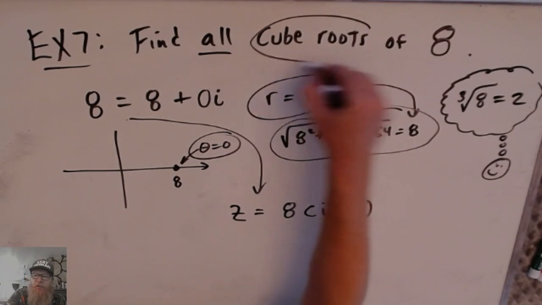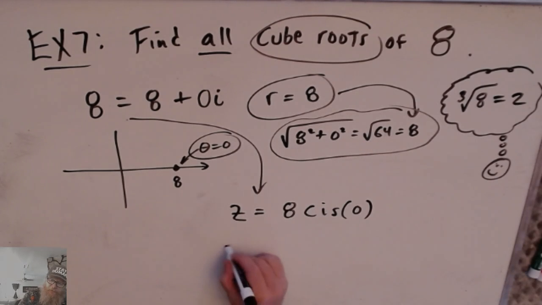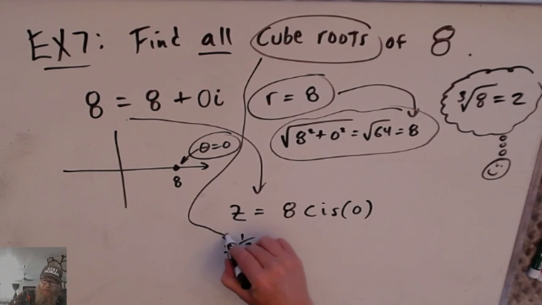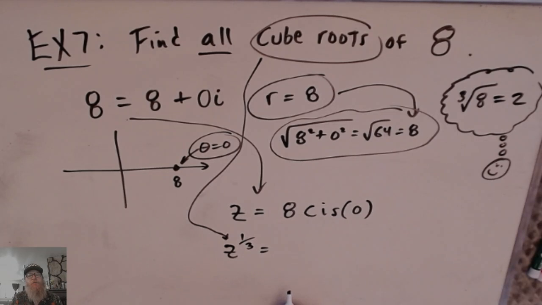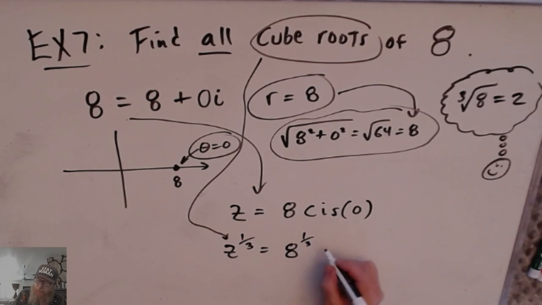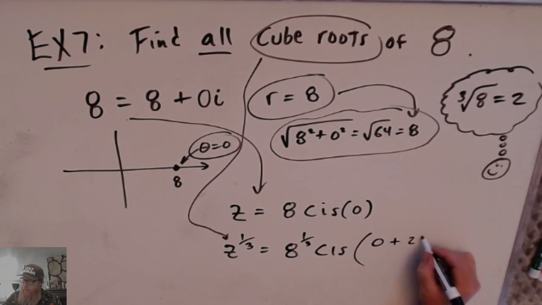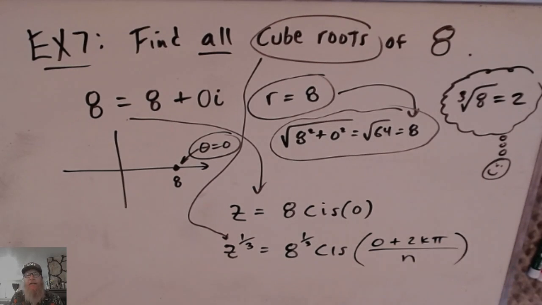Now we want the cube roots. So 1/3, cube roots. So that'll be 8 to the 1/3 CIS 0 plus 2k pi over n. And you're going to let k go from 0 to 2.